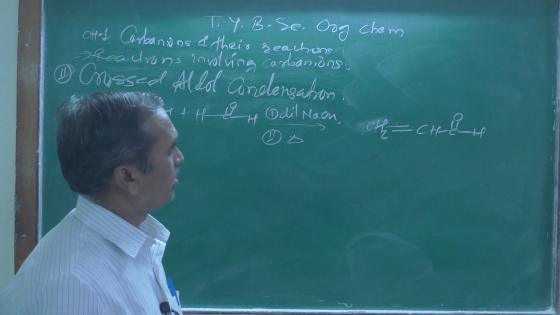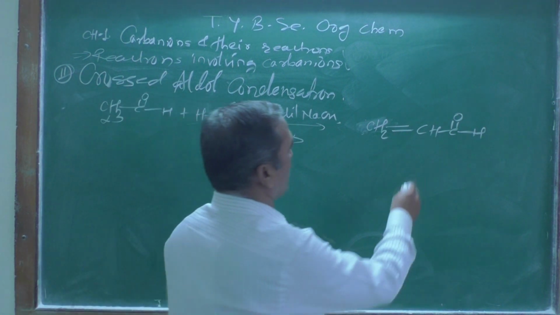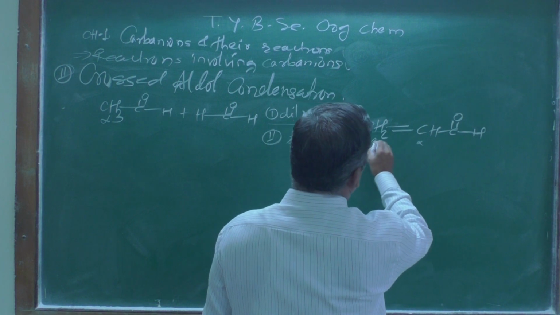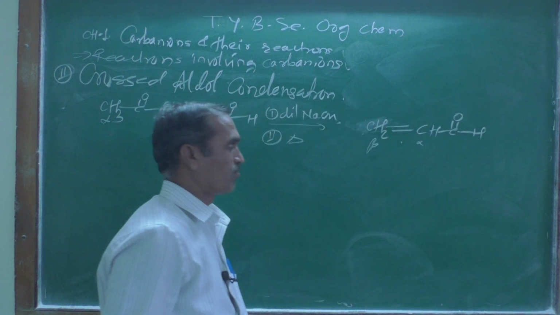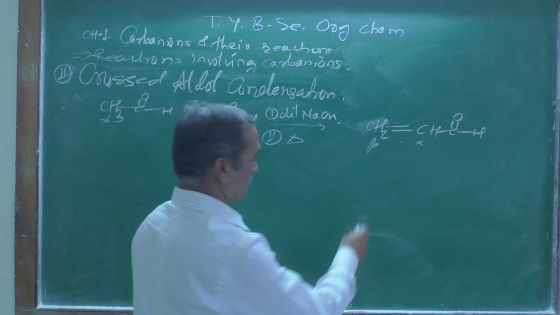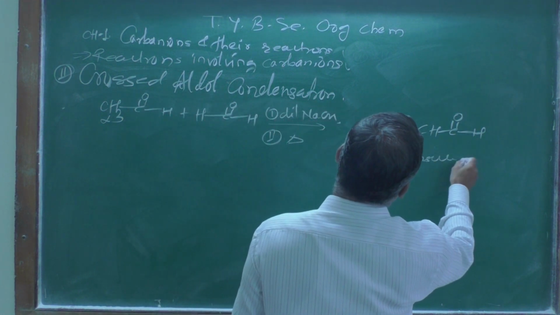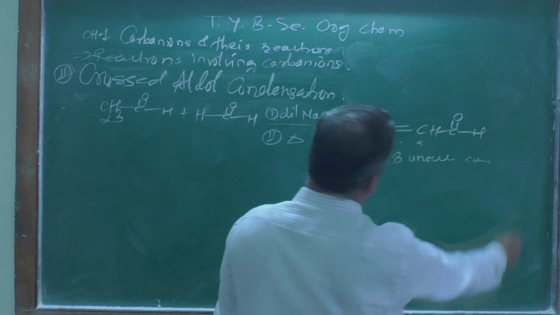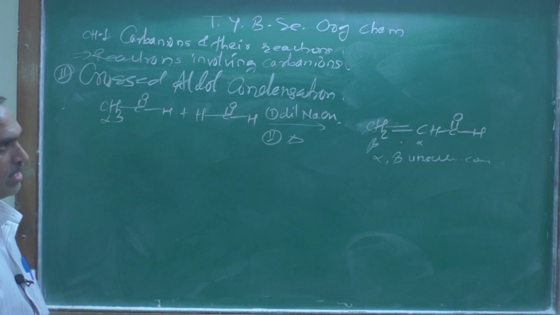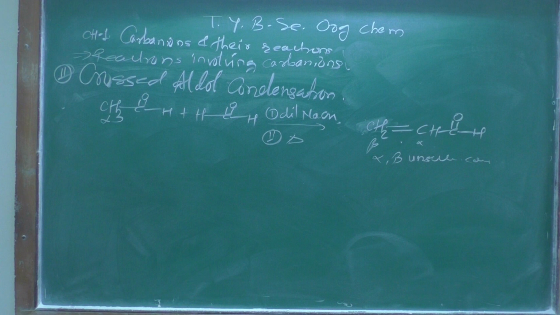I think this is an alpha beta unsaturated compound, only one product we are getting, that is an alpha beta unsaturated compound over here. That is a crotonaldehyde, I think, not crot. Previously we have seen crotonaldehyde.